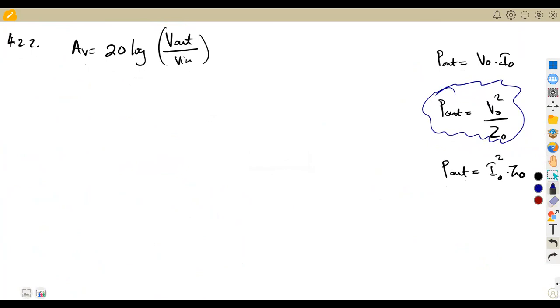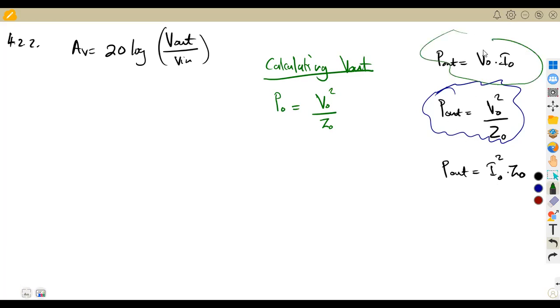So here we are going to use this formula to calculate V out, which states that P out, the power, is equal to V out squared over the impedance. Yes, you can use whatever formula. Maybe you want to calculate the current first, and after that use this one. Guys, it's up to you, but this is the best formula.